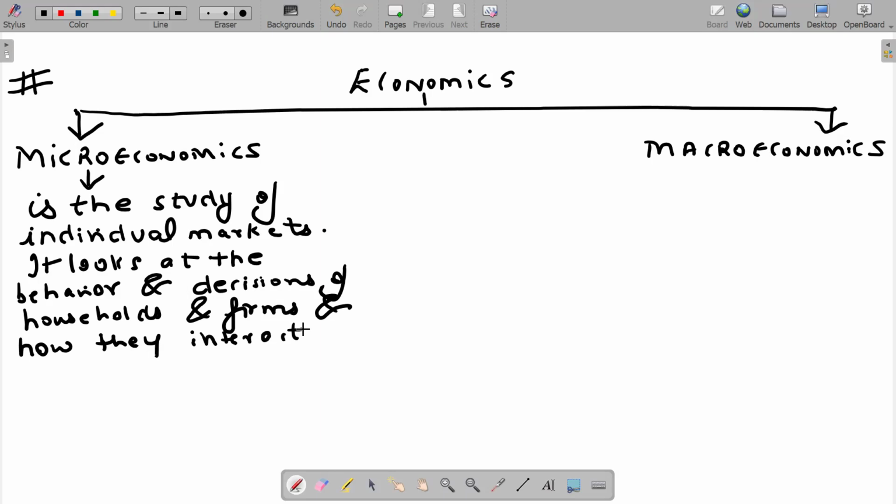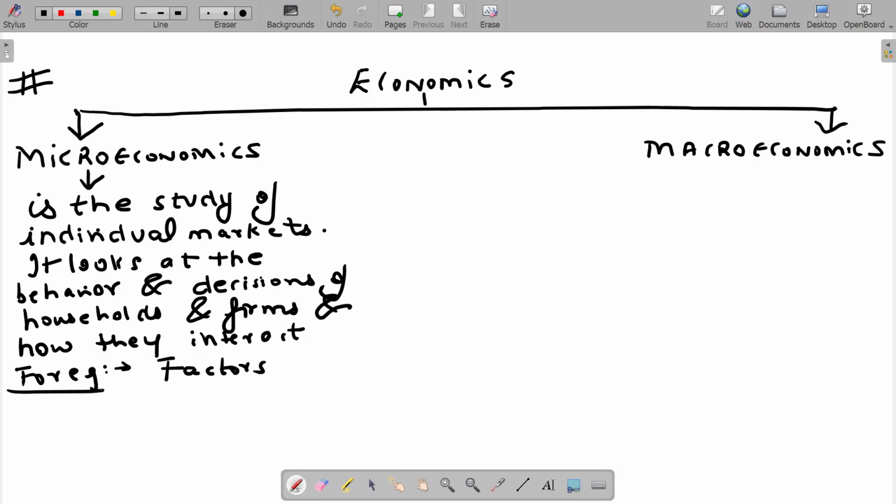We talk about how governments intervene in these markets. So it is all about individual markets. We are not talking about aggregates within the microeconomics model. So for example, one of the microeconomics topics would be the factors which can explain why consumers buy some goods and not others.